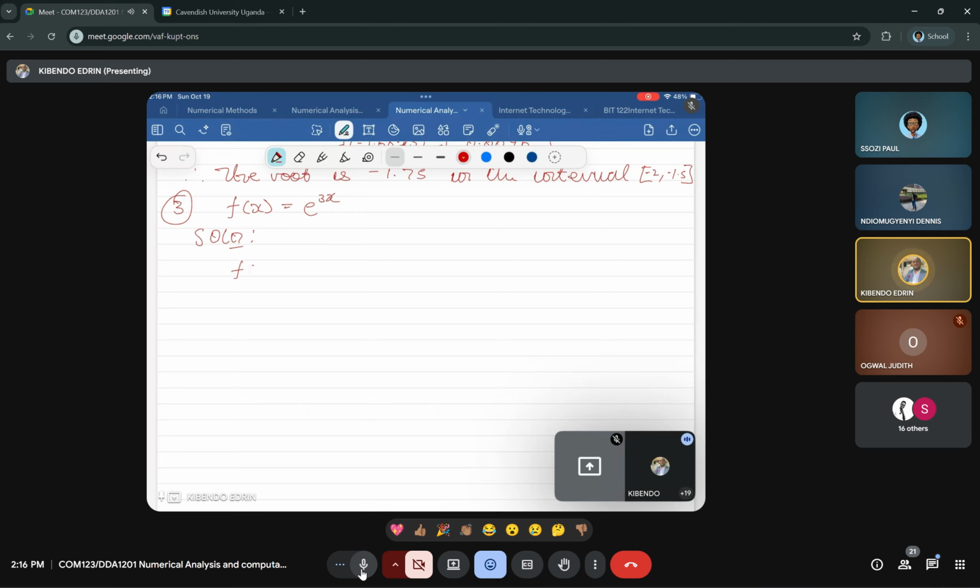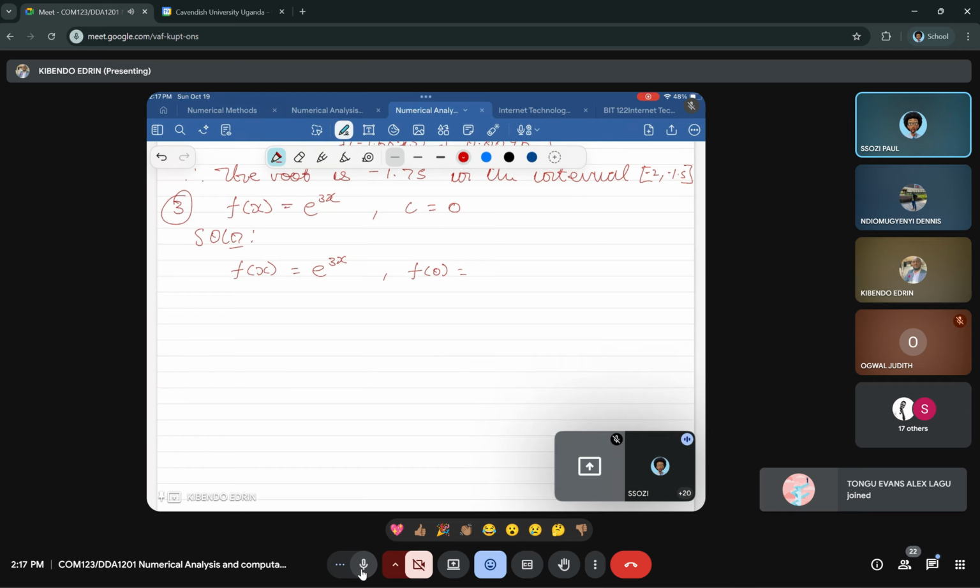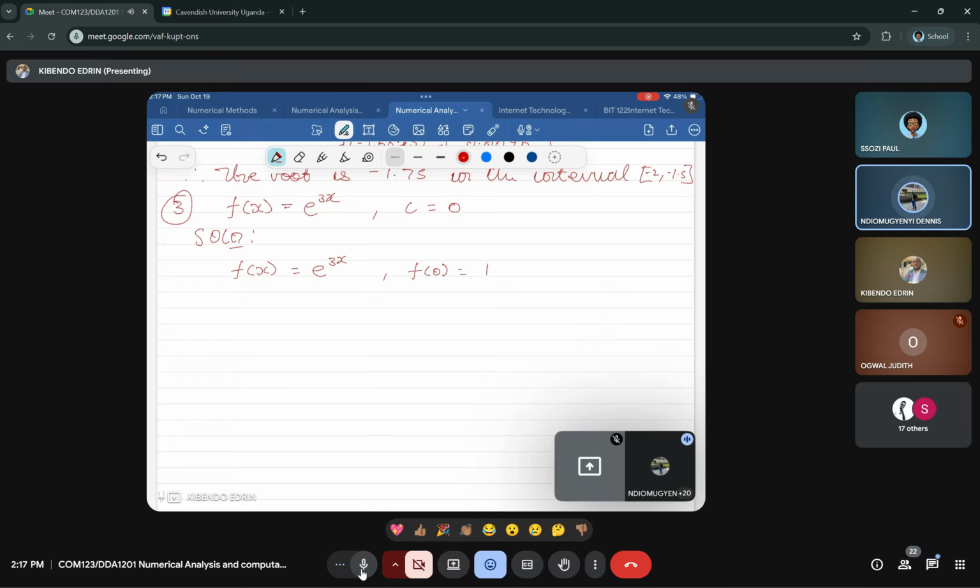So f of x is equal to e to the 3x, then we know Maclaurin's is centered at 0. So then we also get the f of 0. So can we get the f of 0? F of 0 is 1.